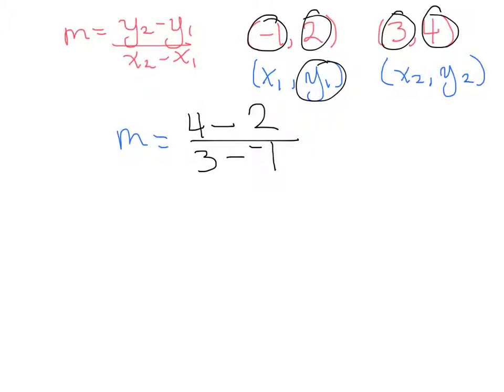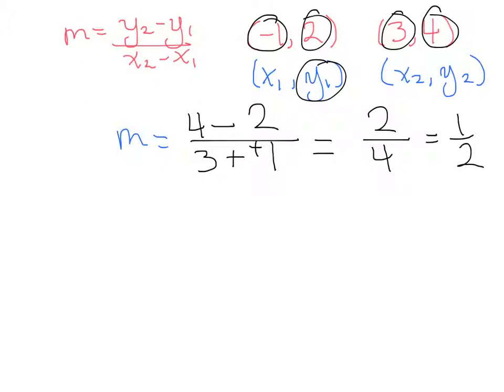Because I have 3 minus a -1, I want to change those both to plus signs. Then I get 4 minus 2 is 2, 3 plus 1 is 4, and I simplify to 1/2. So the slope of the line that goes through the points (-1, 2) and (3, 4) would be 1/2.